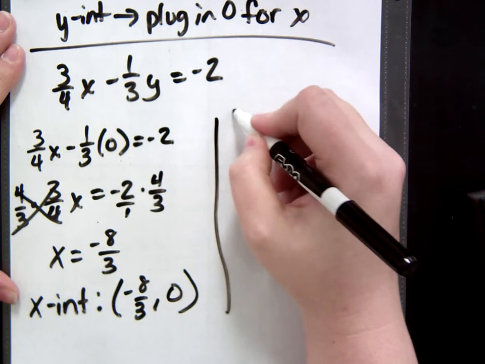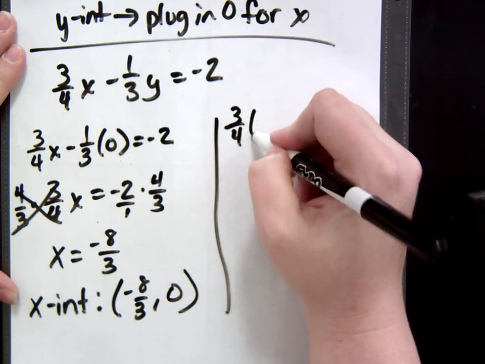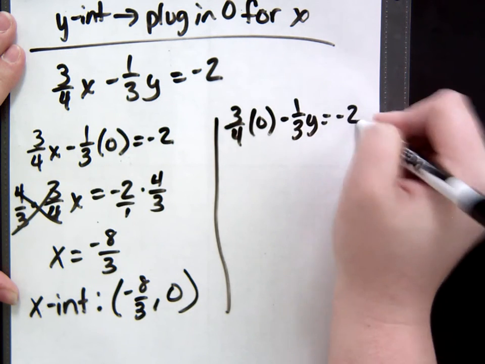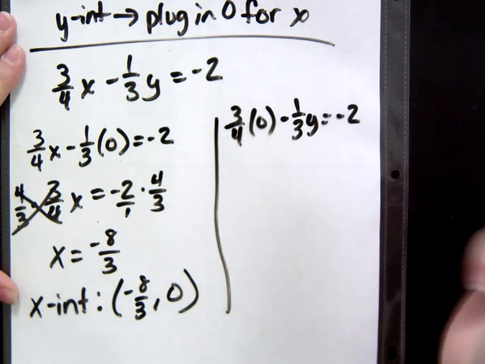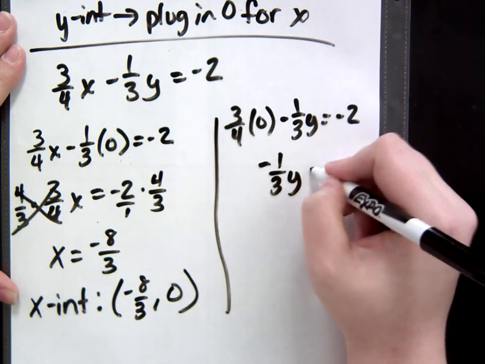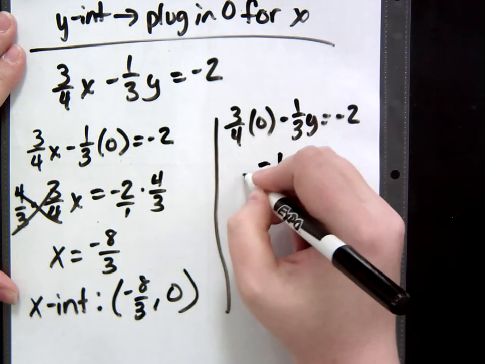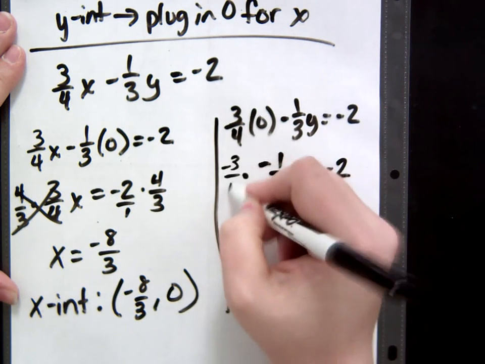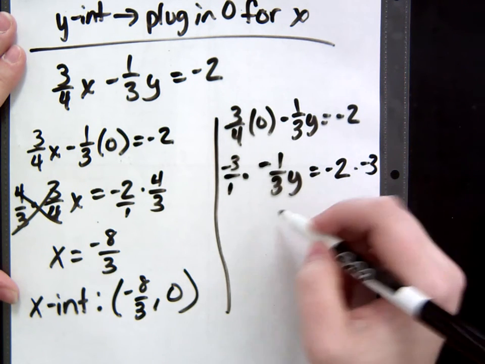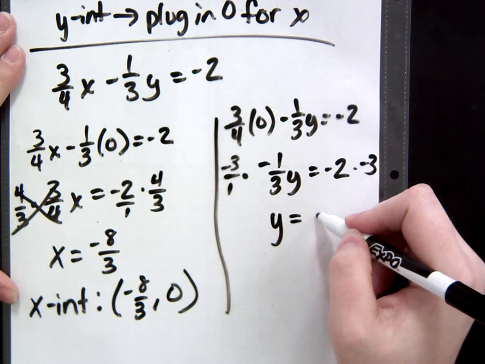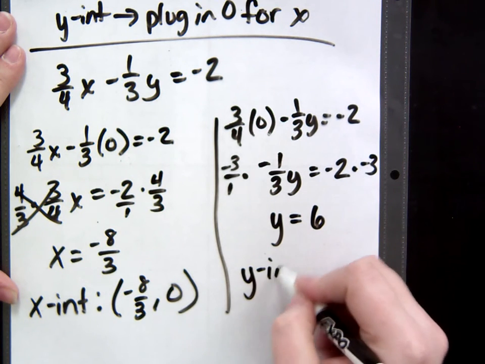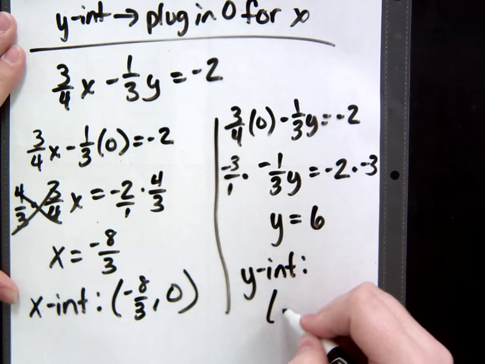So I would have 3/4 times 0 minus 1/3 y equals negative 2. Well, again, multiplying by 0 just gives me 0, so bringing down what I have left is negative 1/3 y equals negative 2. Multiply both sides by the reciprocal, negative 3 over 1, or just negative 3. And this leaves me with y equals positive 6. So the y-intercept is the point 0, 6.